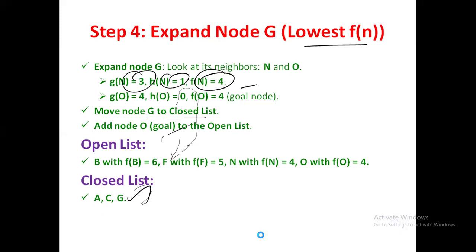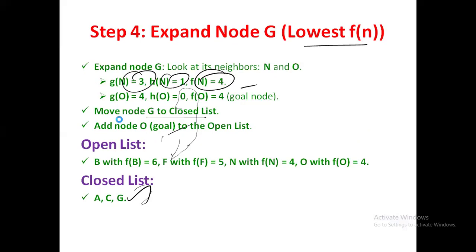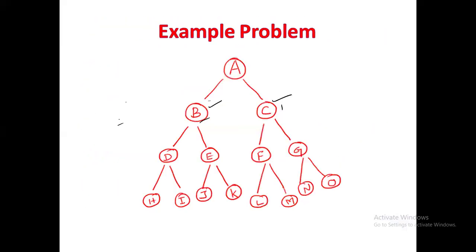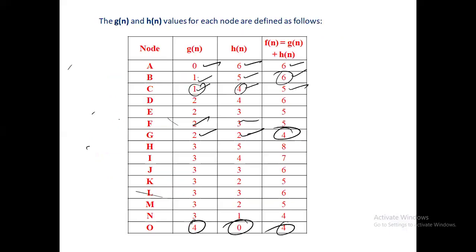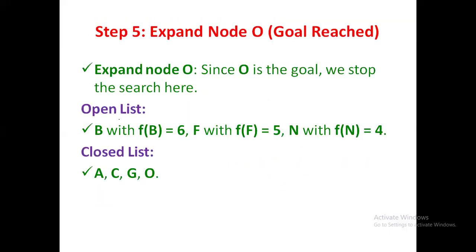While the closed list contains A, C, G, the last step is we have to expand the node. How many children are there for this node O? There are no children at all, right? So we have to expand the last node, O. This O is the goal node.